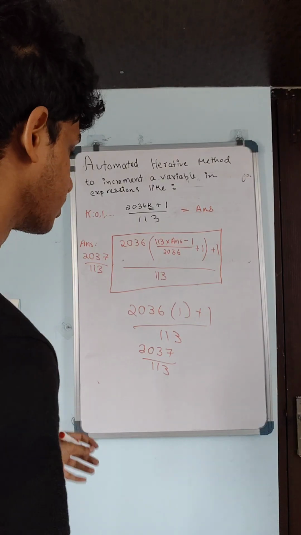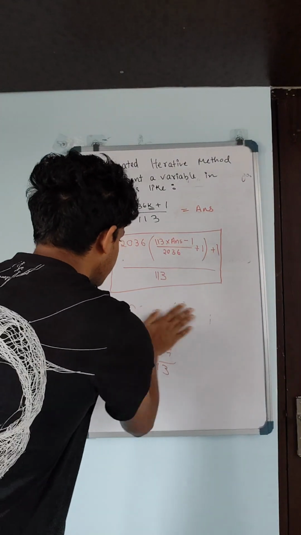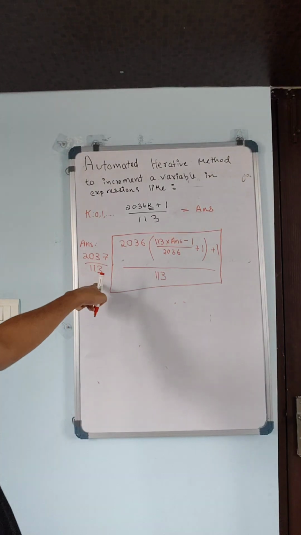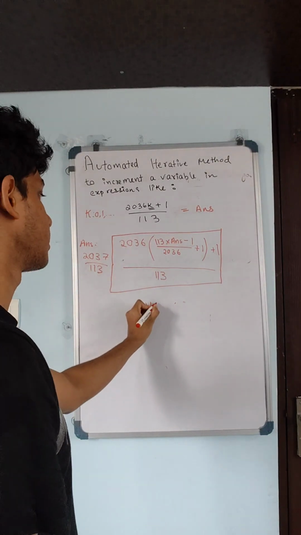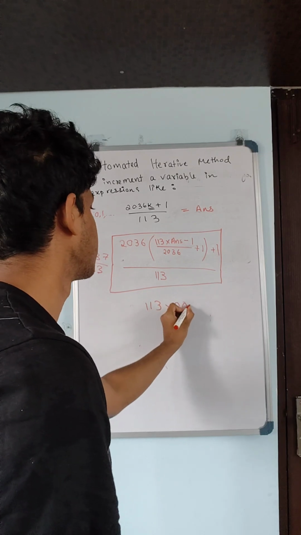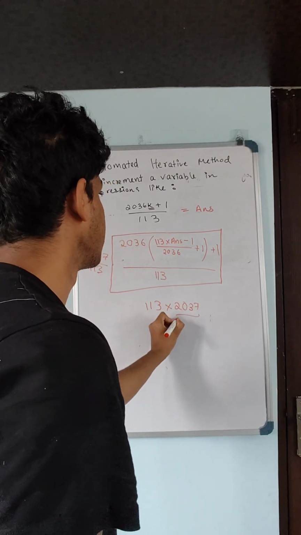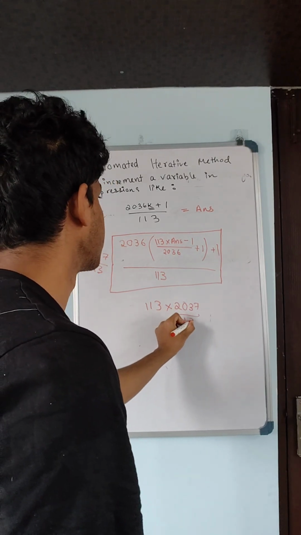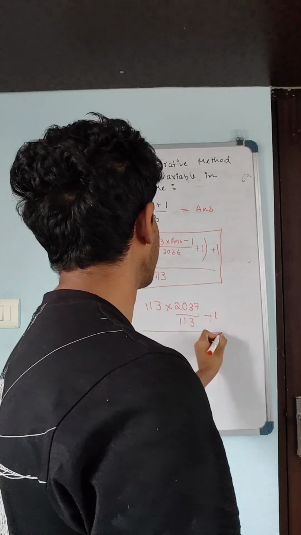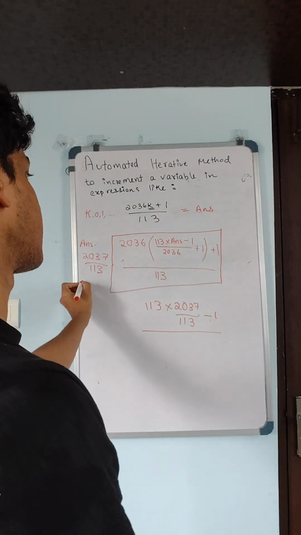Notice what happens when we do that. The calculator will substitute this value into 113 into 2037 by 113 minus 1 by, okay, let's just keep track of k.